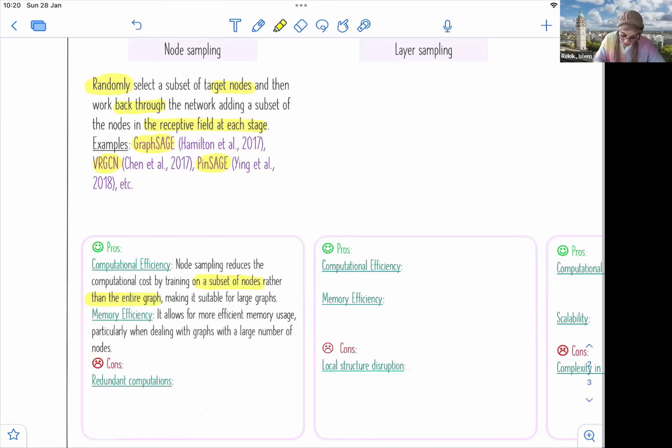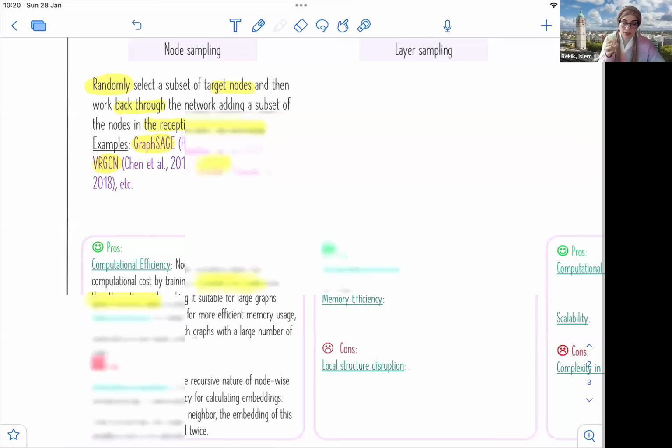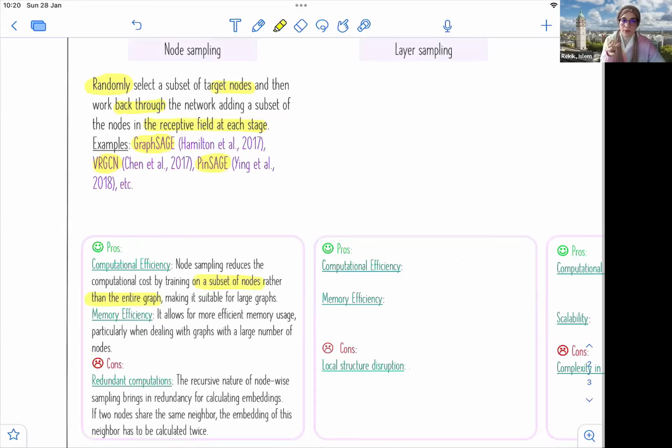The disadvantage of these methods is the redundant computation. Since we're sampling randomly, we may end up with a lot of overlap between shared neighbors, whose embeddings we need to recalculate over and over again.